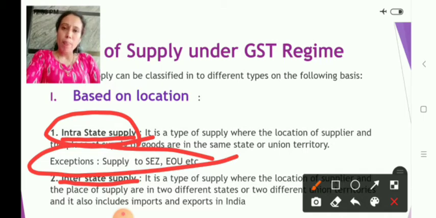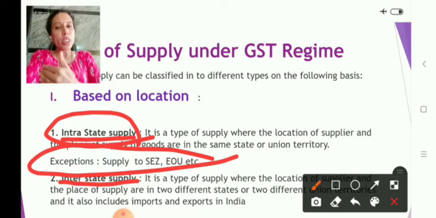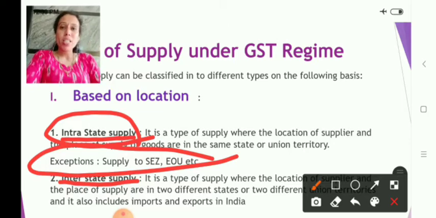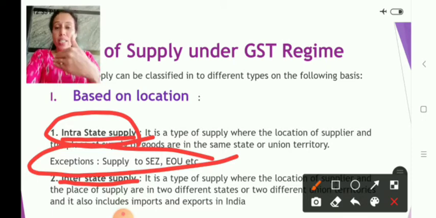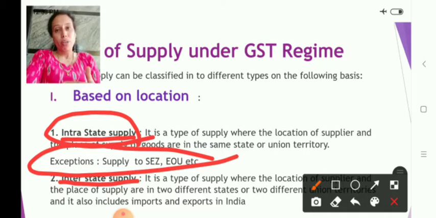Let me give an example. We have an export oriented unit in Mangalore. If you are a dealer in Udupi and you supply some materials to the export oriented unit in Mangalore, then even though both the places are in the same state, it is not considered as intrastate supply. This is the exception for this first method.